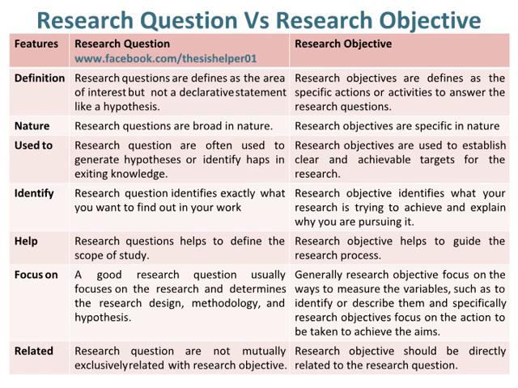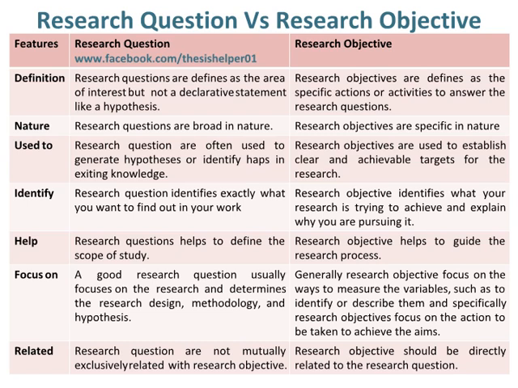A good research question usually focuses on the research and determines the research design, methodology, and hypothesis. Whereas, generally research objectives focus on the ways to measure the variables, such as to identify or describe them, and specifically research objectives focus on the action to be taken to achieve the aims.